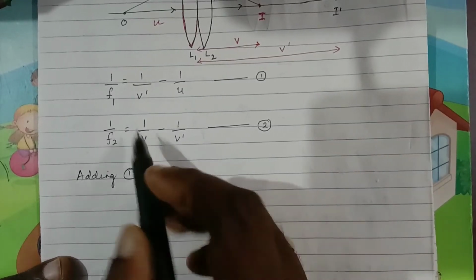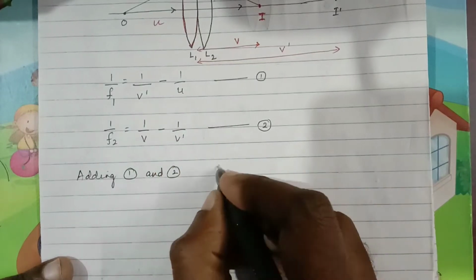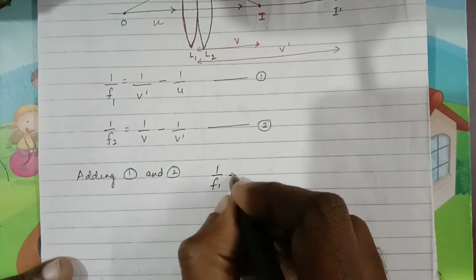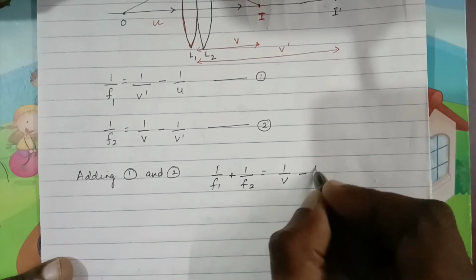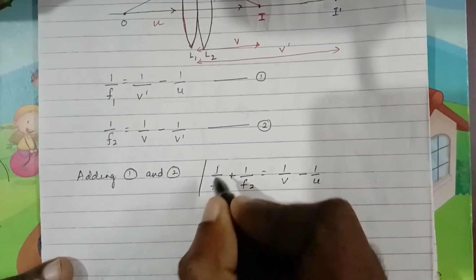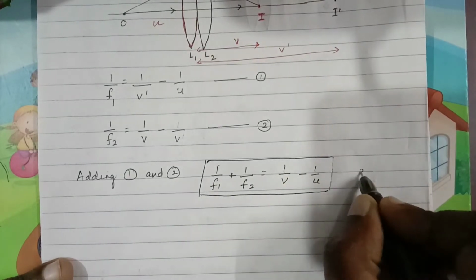See, this is plus and this is minus, so both these terms will go. So 1 by f1 plus 1 by f2 equals 1 by v minus 1 by u. This is our equation number 3.